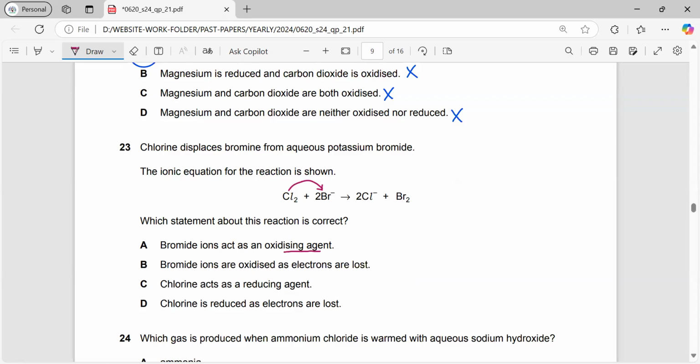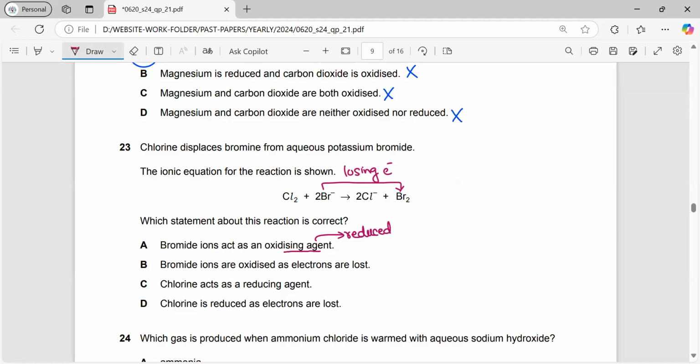Now, an oxidizing agent is the one which is getting reduced. So are bromide ions getting reduced here or not? We have to look. Bromide ion is becoming bromine after losing electrons.